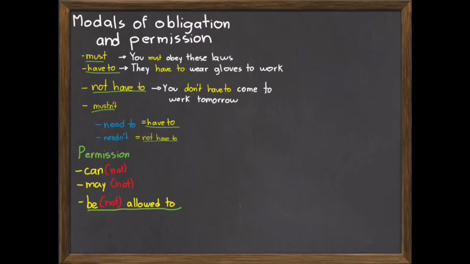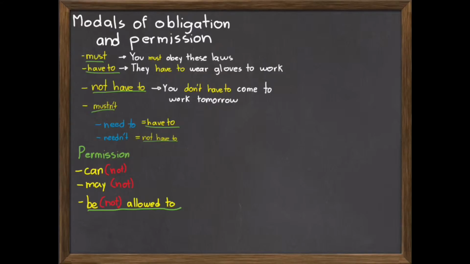We aren't allowed to use the lift today, meaning that we don't have permission to use the lift or the elevator. Now, all of these modals, you have to remember to use them correctly.